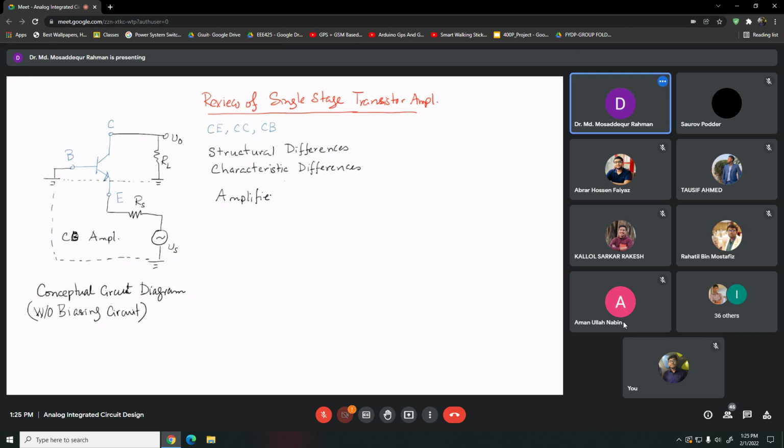To use the transistor as an amplifier, or we can also use this transistor as a switch. Now, the biasing mode will be different if you want to use this as an amplifier or if you want to use it as a switch. So what will be the mode of biasing if you want to use this as an amplifier?